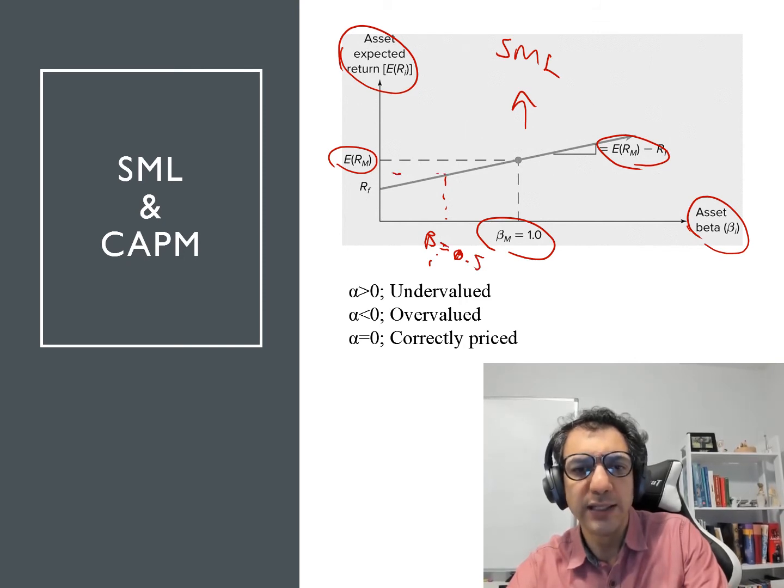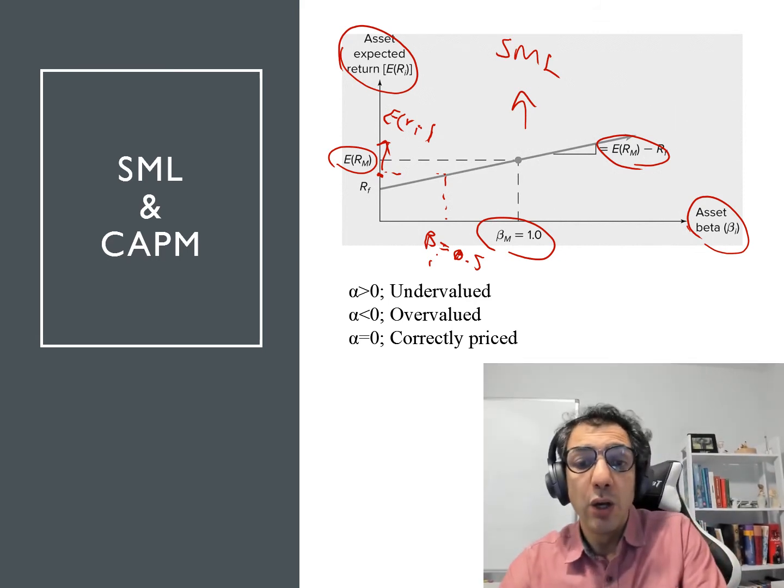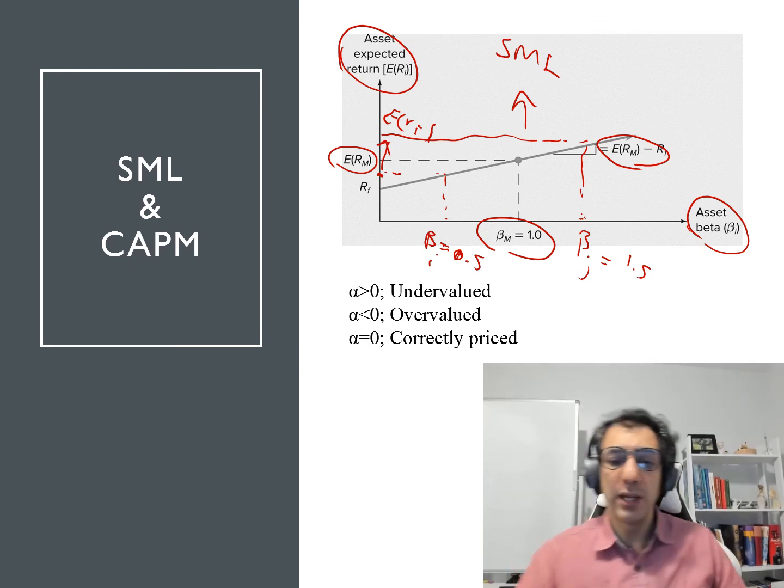Based on CAPM, your expected return for this asset should be here. So this is the expected return for asset I, given that specific beta. Now, if you are moving rightward, let's say for stock J, your beta is 1.5, you should expect a much higher return for this stock.